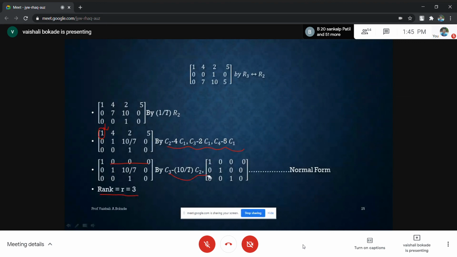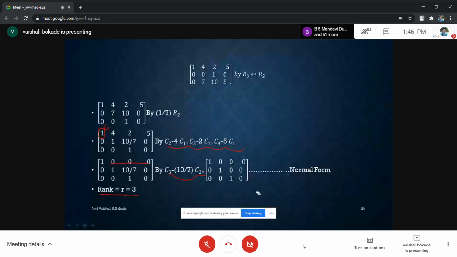Now observe this matrix. All the diagonal entries are 1, and the non-diagonal entries are 0. So it is in normal form or canonical form. How did I get it?